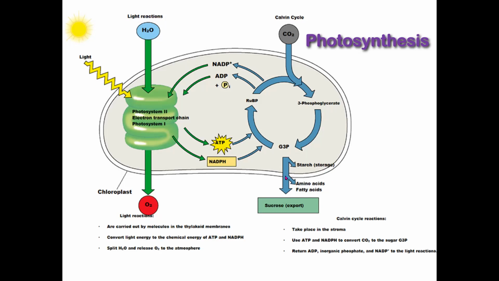It can also be converted to amino acids in the plant. It can also be converted to fatty acids in the plant. So if you have a seed, if you like nuts, you have this fat in them, the amino acids in the proteins and the starch in them.